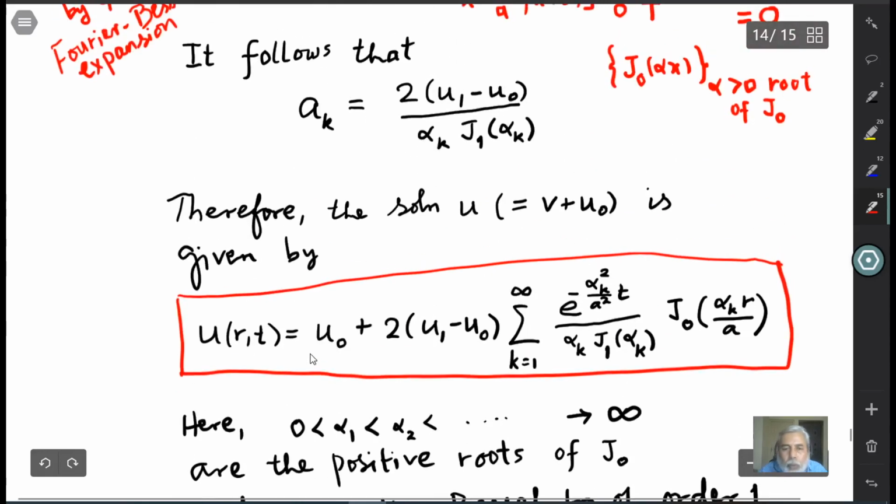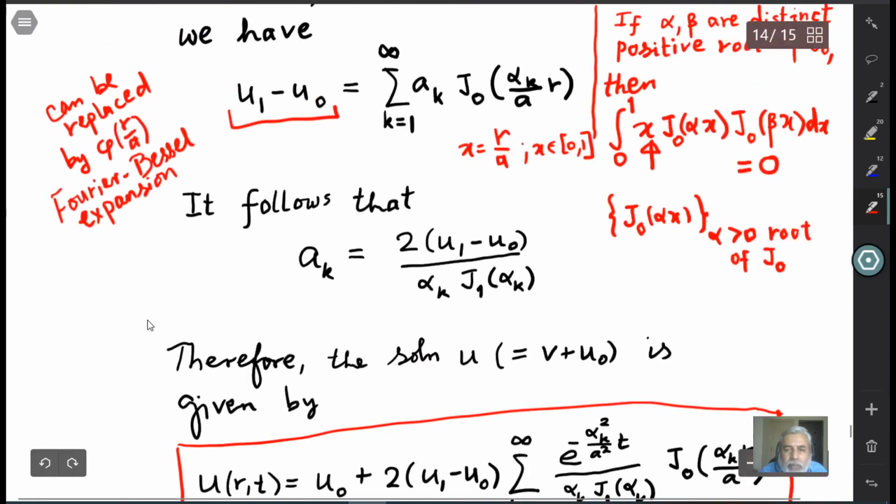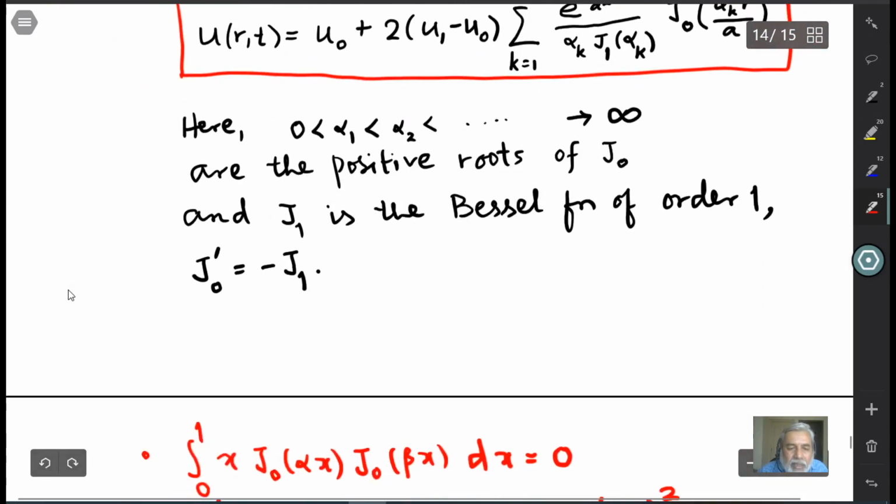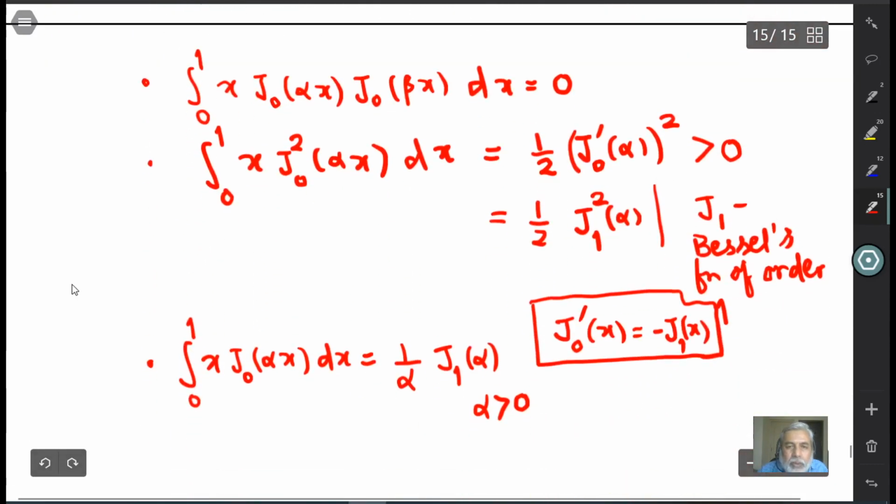To arrive at this explicit form, we have made use of several things here, assuming their validity. That will be provided in some notes, but you have to really look into some literature in order to prove these relations.